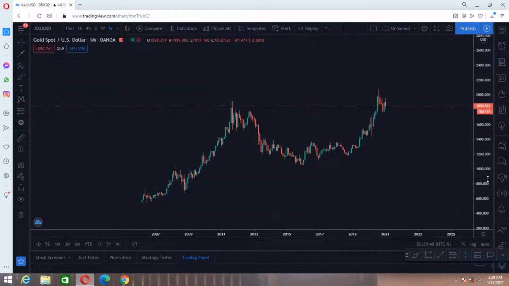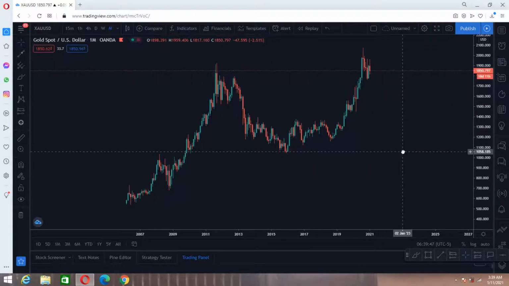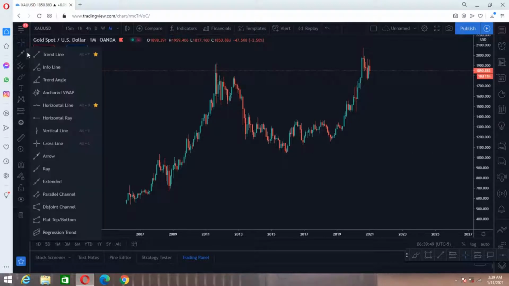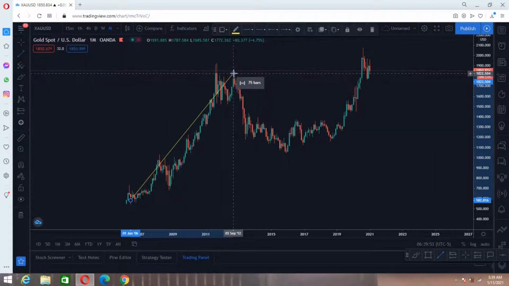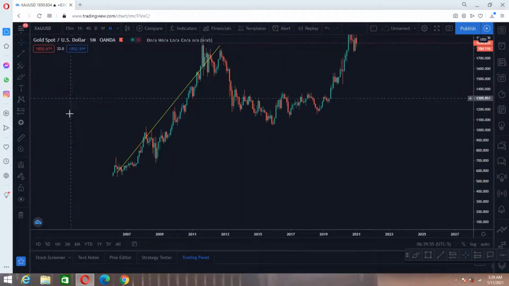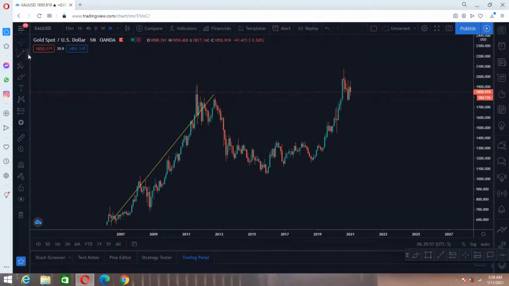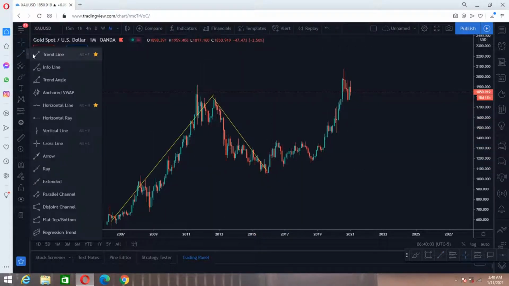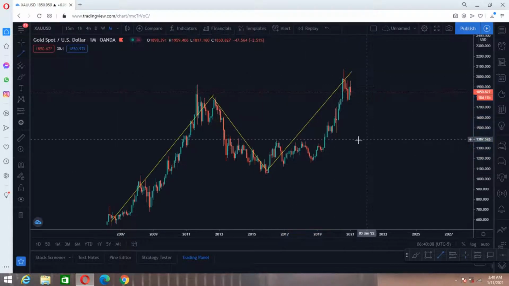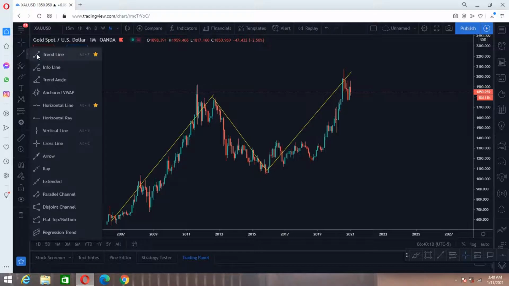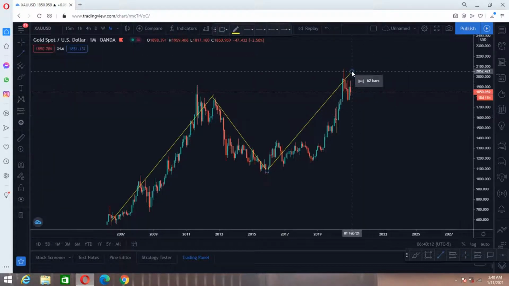As you can see on gold, the momentum is to the upside. This is an impulse, and here is our correction, then another impulse, then now it is a correction.